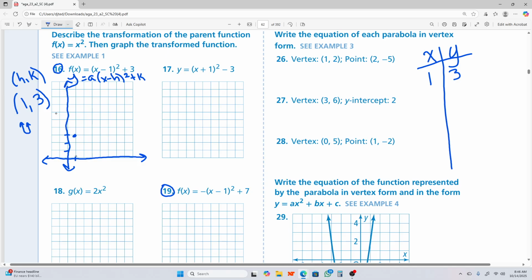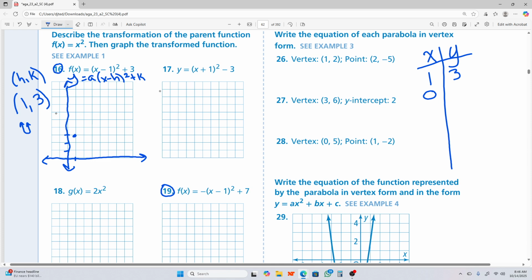Okay, so to use my input-output table, I have to make up values for my x. So I'm going to pick x values that are close to the x value of my vertex. I'm going to pick 0, where x is 0. Now to fill it in, I'm going to use that formula.